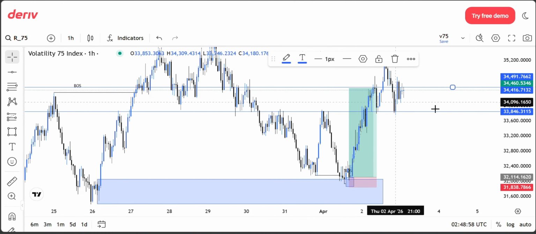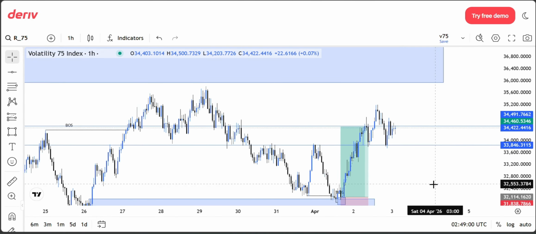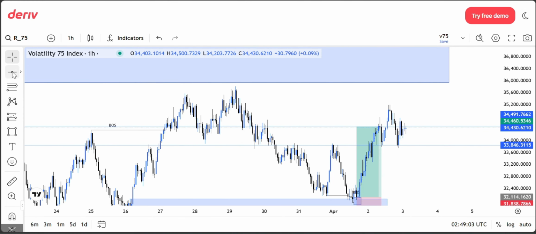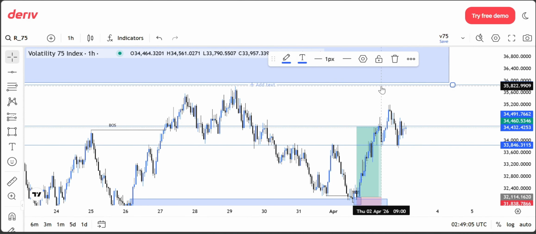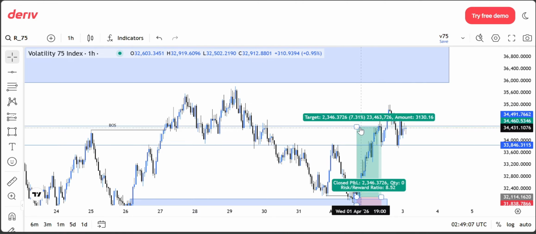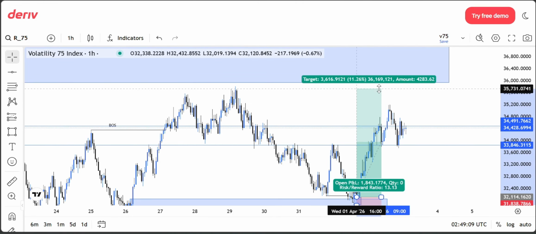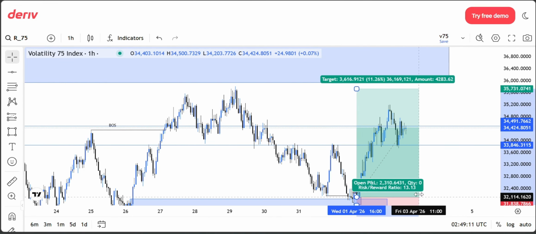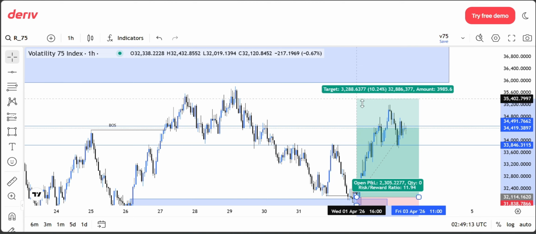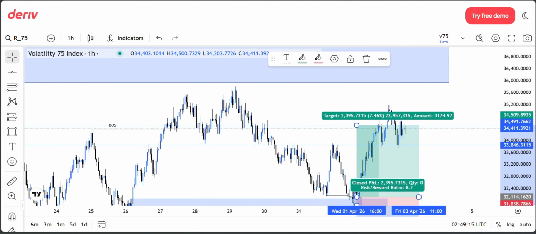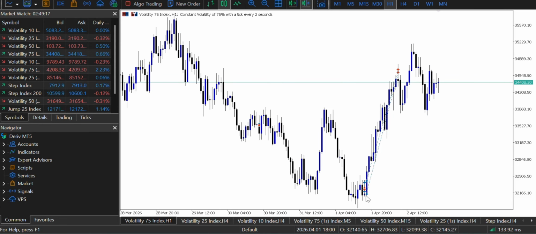Take profit 1, take profit 2, but we were actually targeting price coming into this zone. Some persons might want to hold the trade down to this point, but we exited the trade here. Okay, so this is that trade. We took it from here and we exited here.